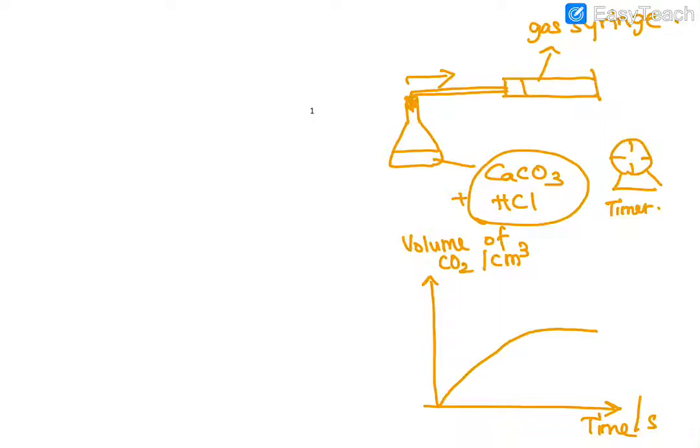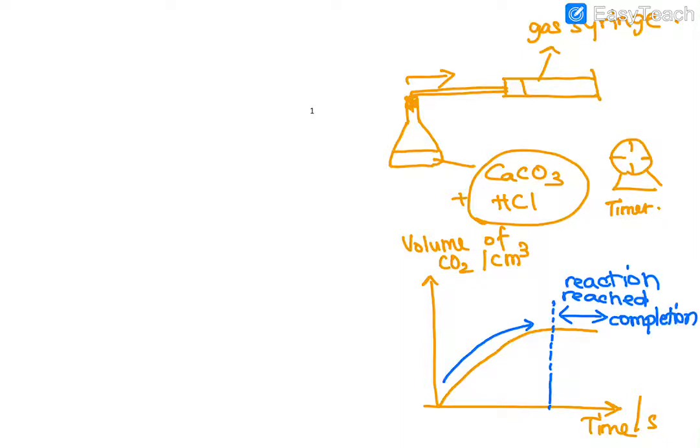One of the reactants is used up, so you won't have any further carbon dioxide that is going to be produced. So here, if we look at the graph, the reaction keeps on going all this time. Reaction continues, but as soon as we reach a certain amount of time, it stays constant. So we know that here the reaction has stopped. So the reaction has reached completion because one of the reagents has been used up.